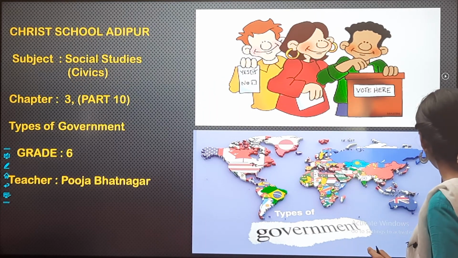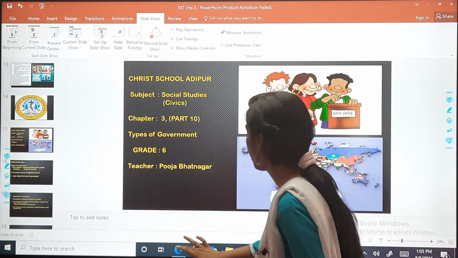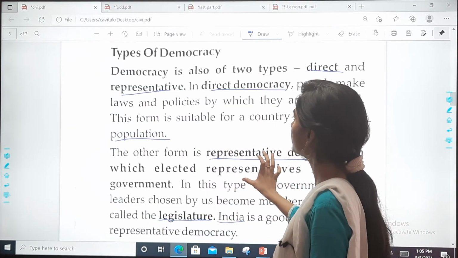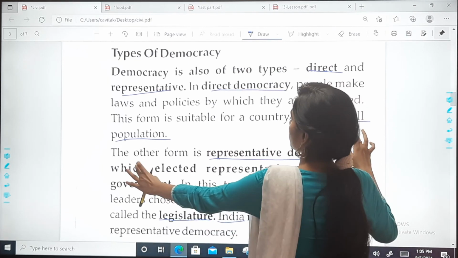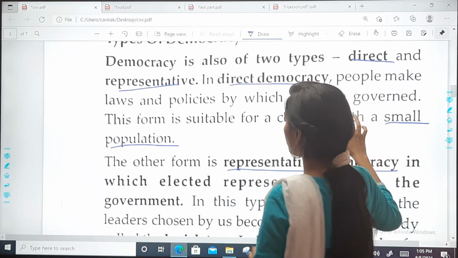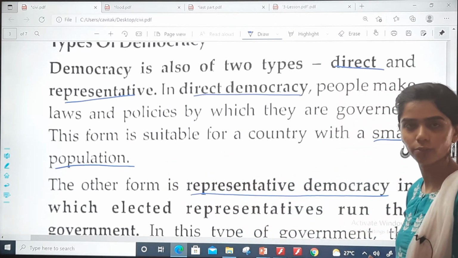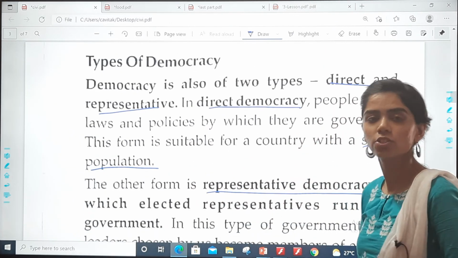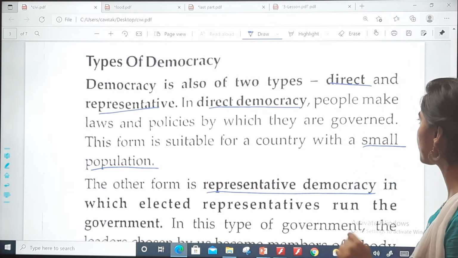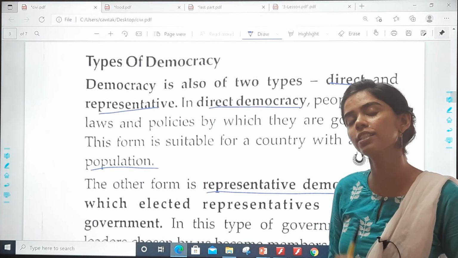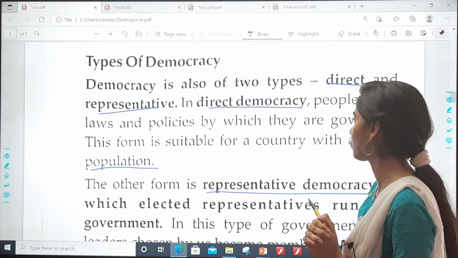So, in the last class, where had we stopped? We had stopped at types of democracy. Types of democracy. So in that there are two types, direct democracy and representative democracy.